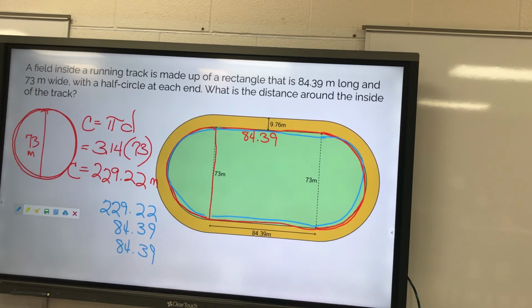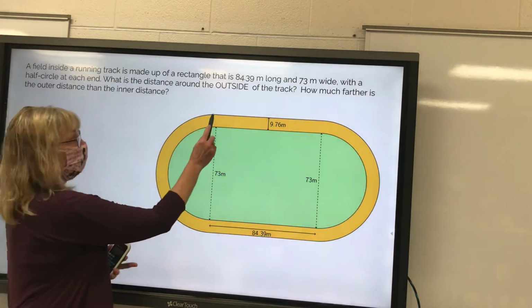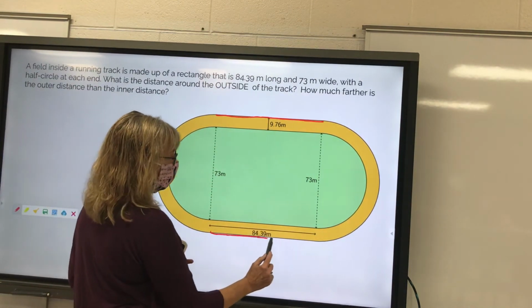All right, so when you add all that up, that's how far you run. Now the next problem says, I'm not running on the inside, I'm running on the outside. Okay, so how are we gonna figure that out? Well, now I'm running here. Is this still 84.39?